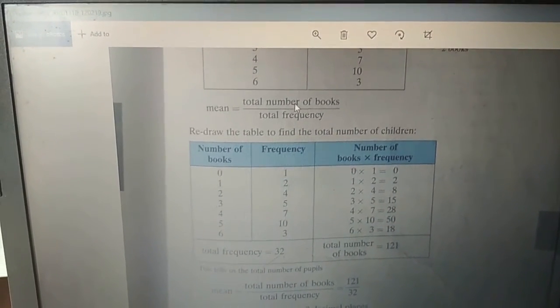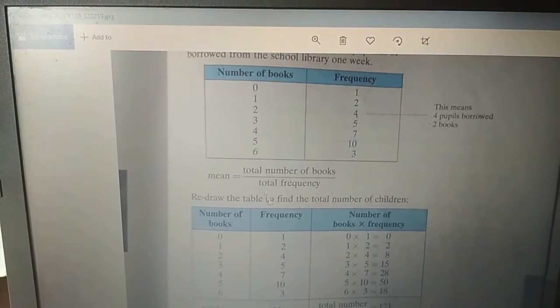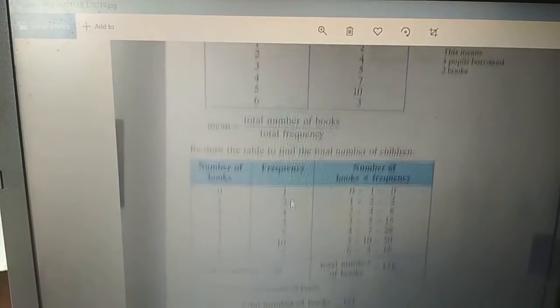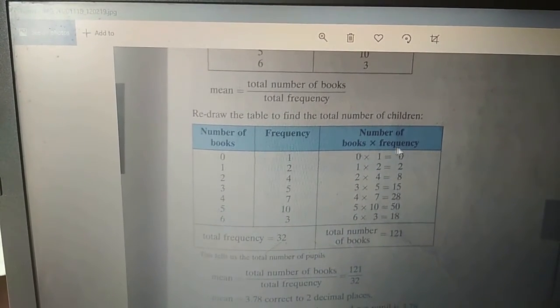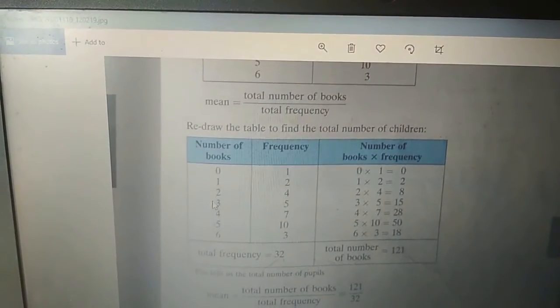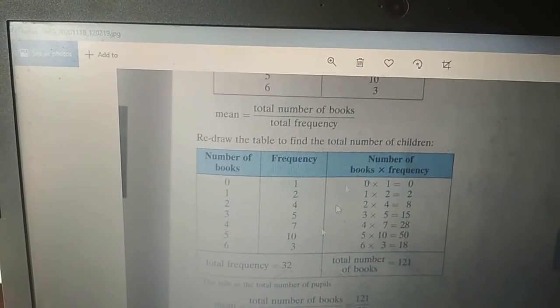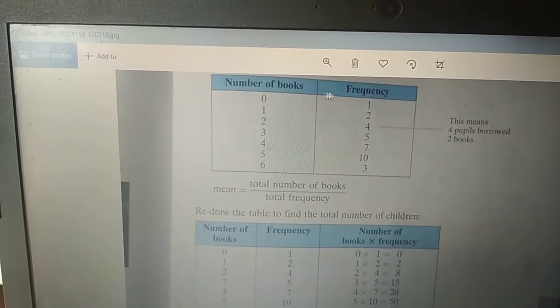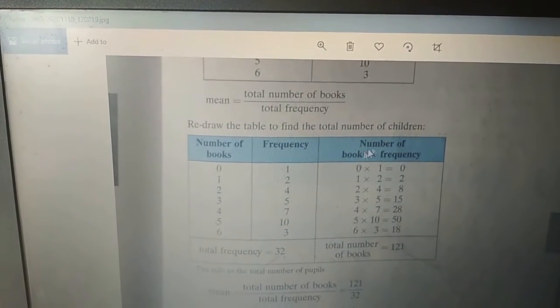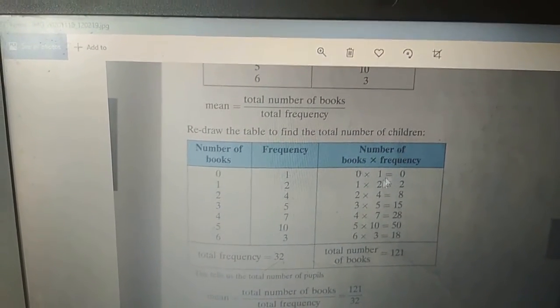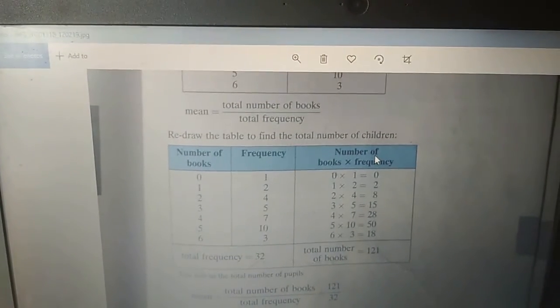This is the same box, we are just redrawing it: number of books, frequency. What new will be added here? We will multiply the number of books by the frequency. The number of books and frequency columns stay the same, but now we add a third column, number of books multiplied by frequency.